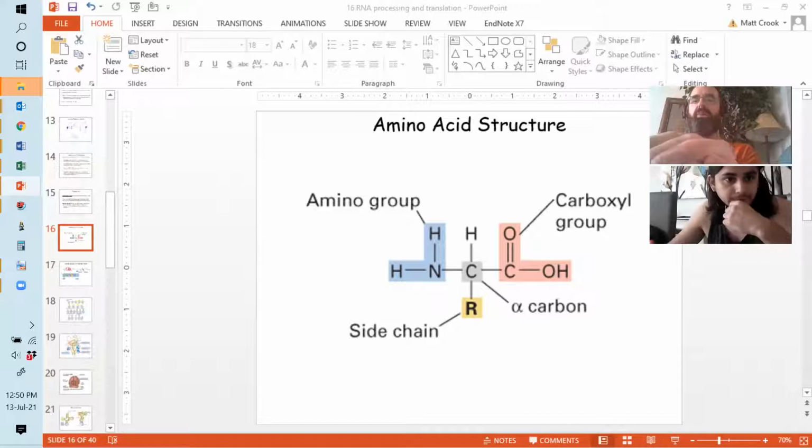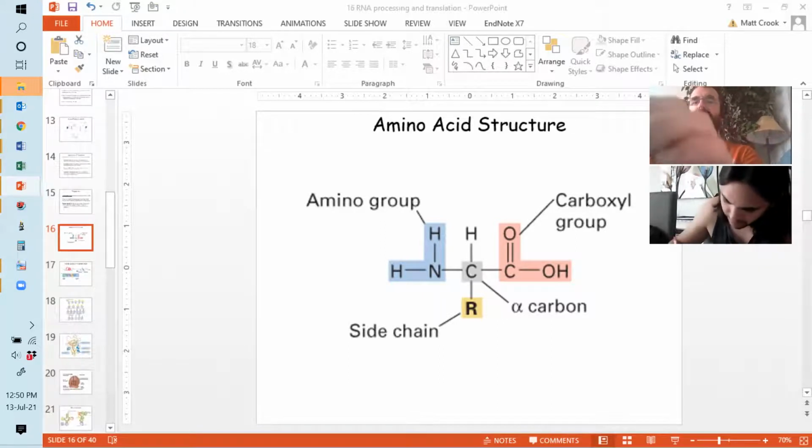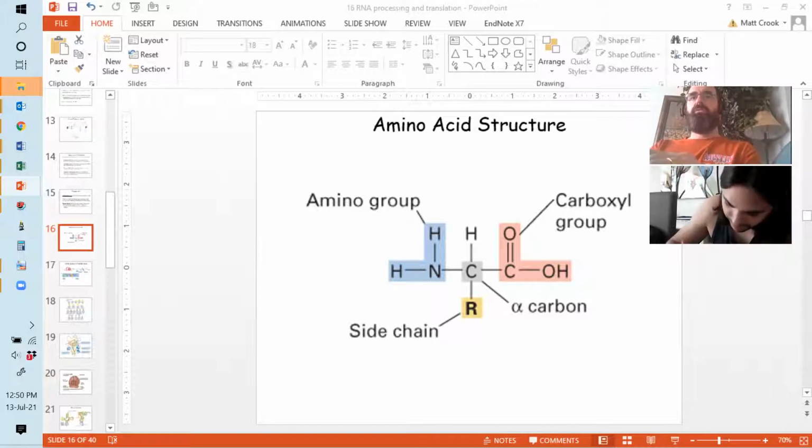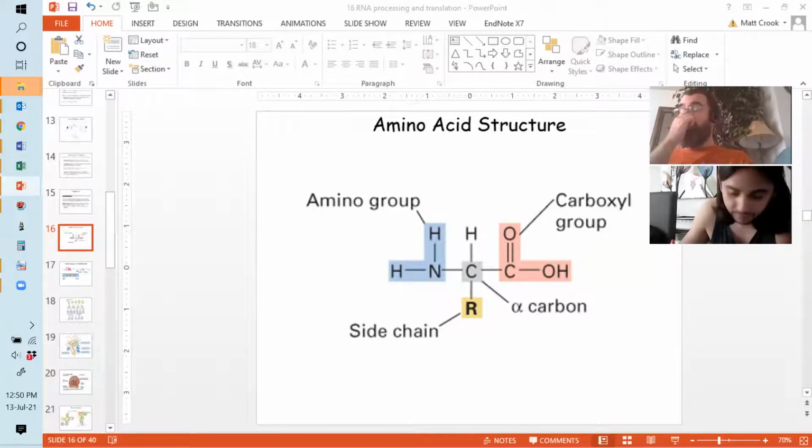And so that can be size, like how much space that amino acid occupies, charge, hydrophobicity, philicity, which is super important because obviously proteins exist in an aqueous environment. So how they interact with water is really important.